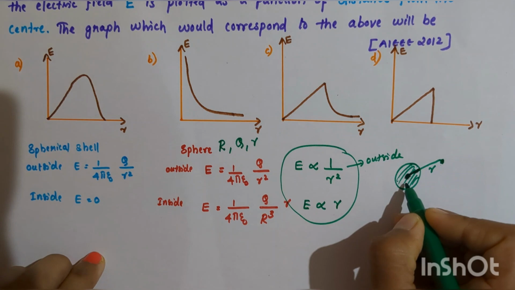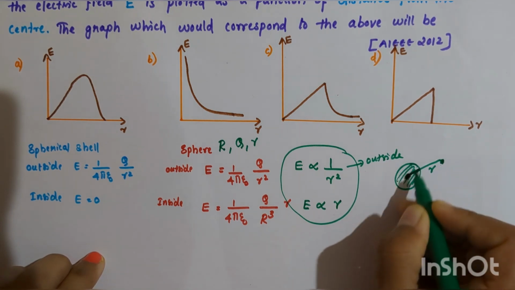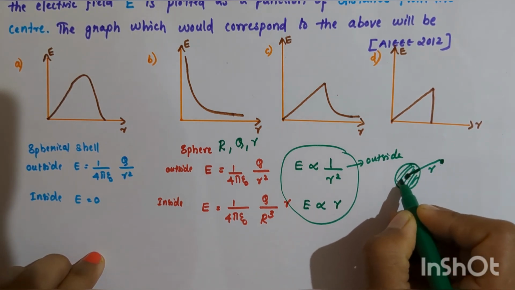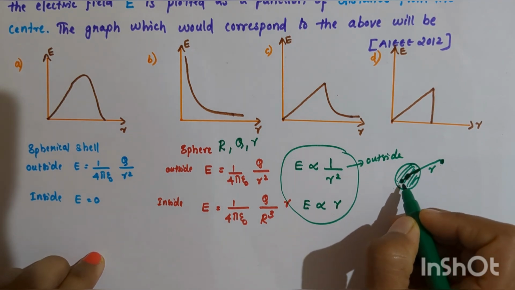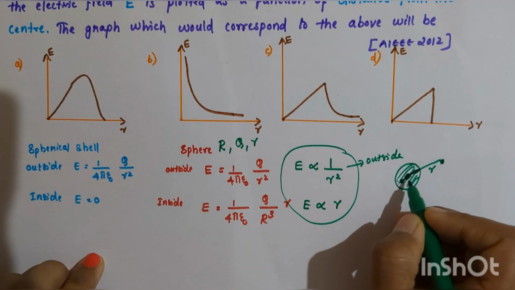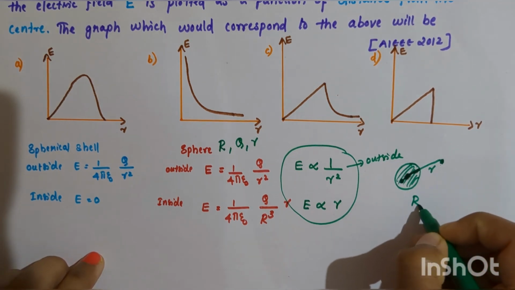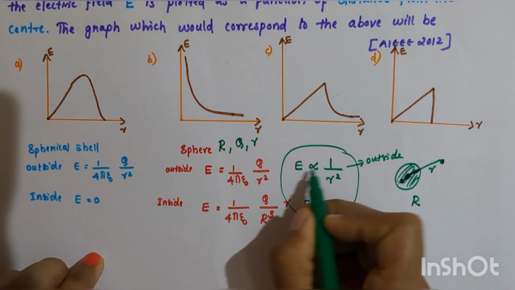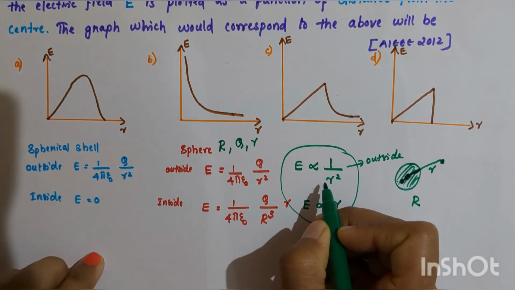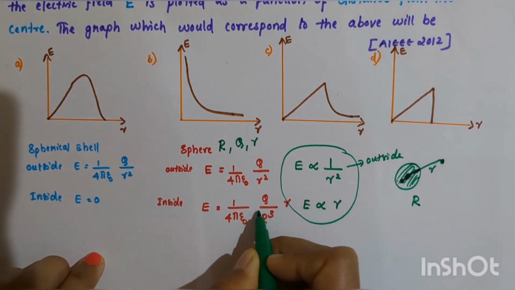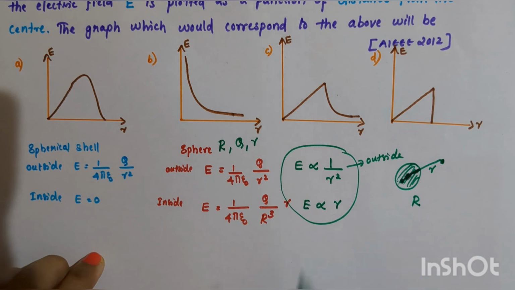Inside the sphere means you can consider a point here, so this distance is less than the radius of the sphere. So for distance greater than the radius R, E is proportional to 1 by r square. For distance less than R, that is inside the sphere, E will be directly proportional to r.